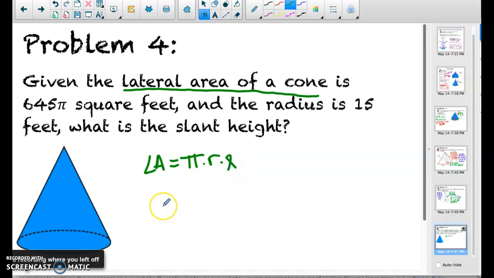So now I get to plug in the information that I know. I know that the lateral area is 645 pi. Don't forget the pi on this number. Pi is a part of this number. You need to take the whole number. I'm going to replace, because they're telling me that this number is equal to that lateral area, right? So in my formula, I'm going to replace lateral area with 645 pi.